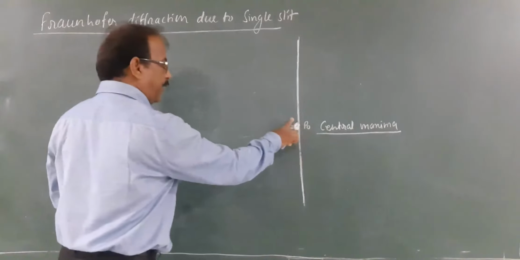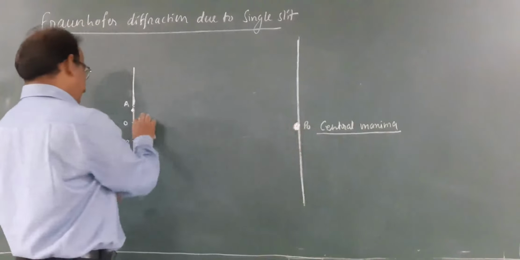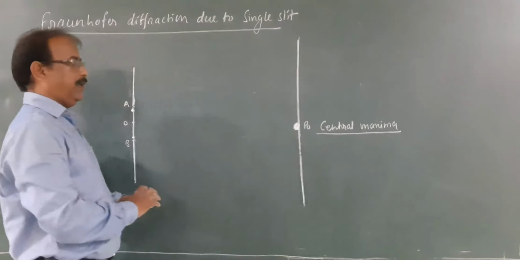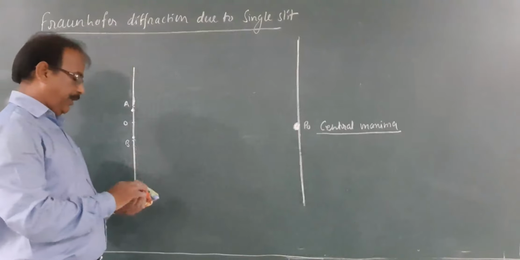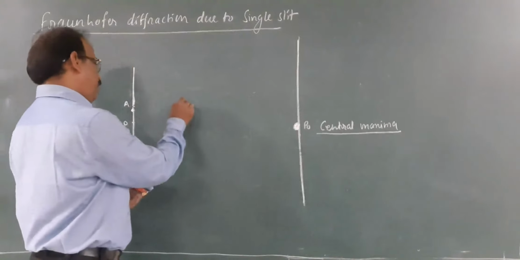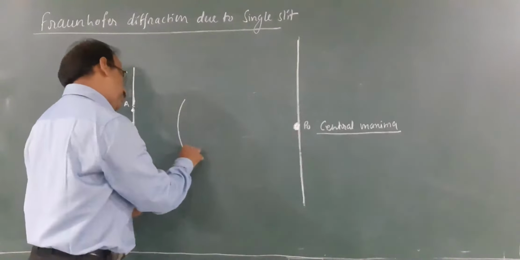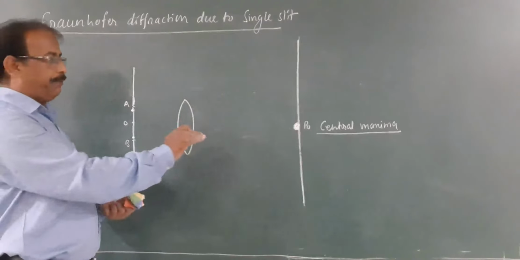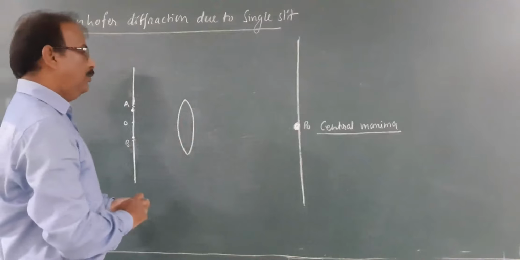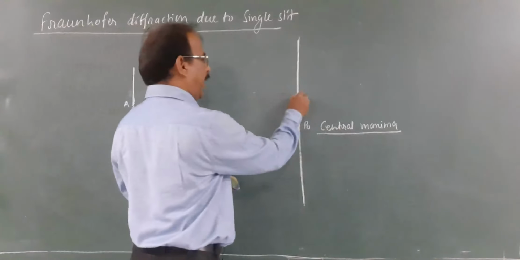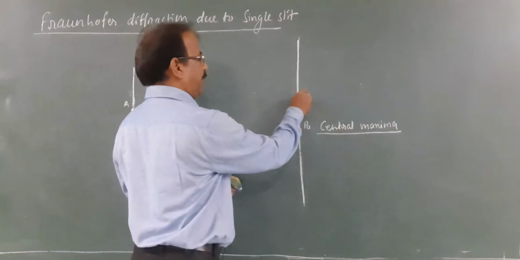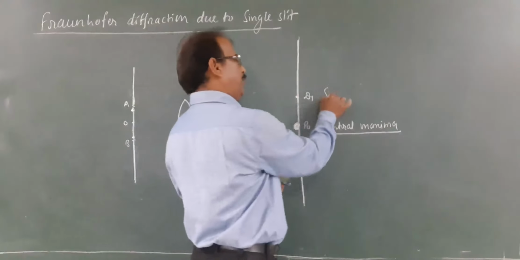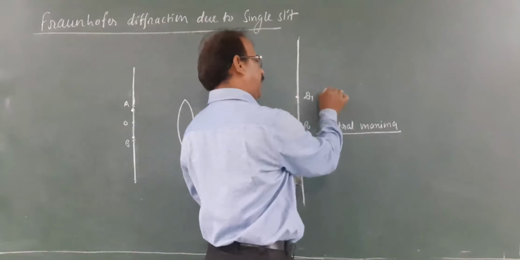This is our central maxima. Now in this figure I am going to explain the formation of secondary minima, means the formation of a dark point in that pattern. Suppose here we get the first minima, secondary minima. This is our first dark point, which is called secondary minima.